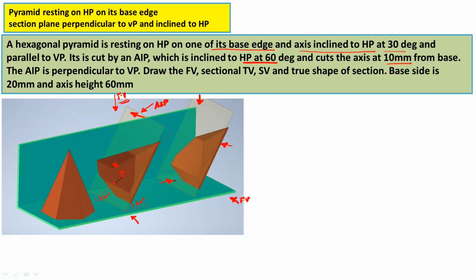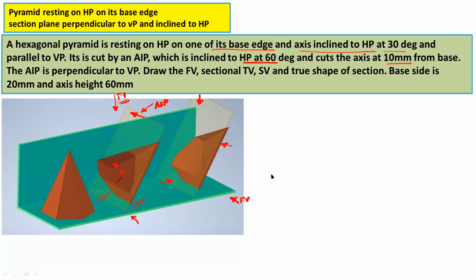Basically this problem is a two-stage problem. In the first stage, just draw the front view and top view when the pyramid axis is perpendicular to HP. In the second case, rotate the pyramid so that the axis will be inclined at 30 degrees. You can observe that front view.